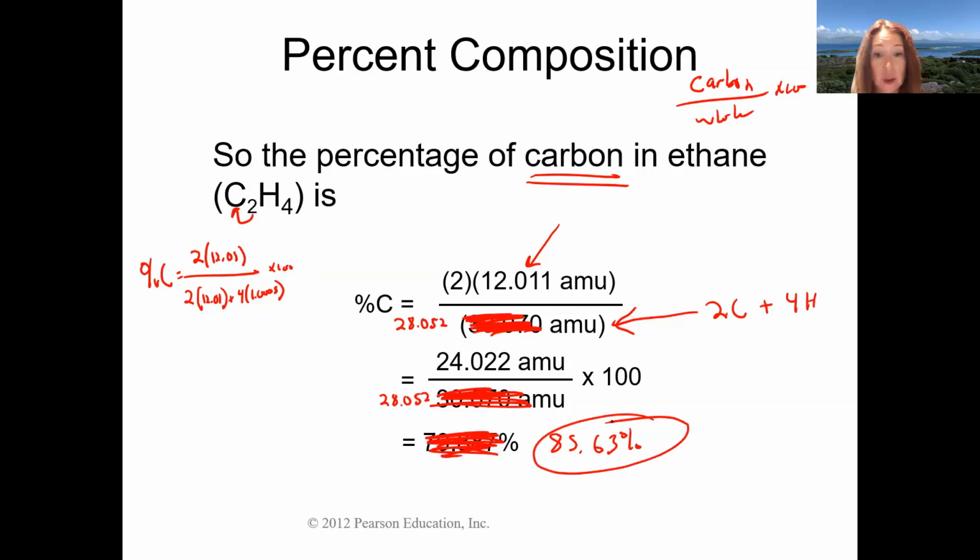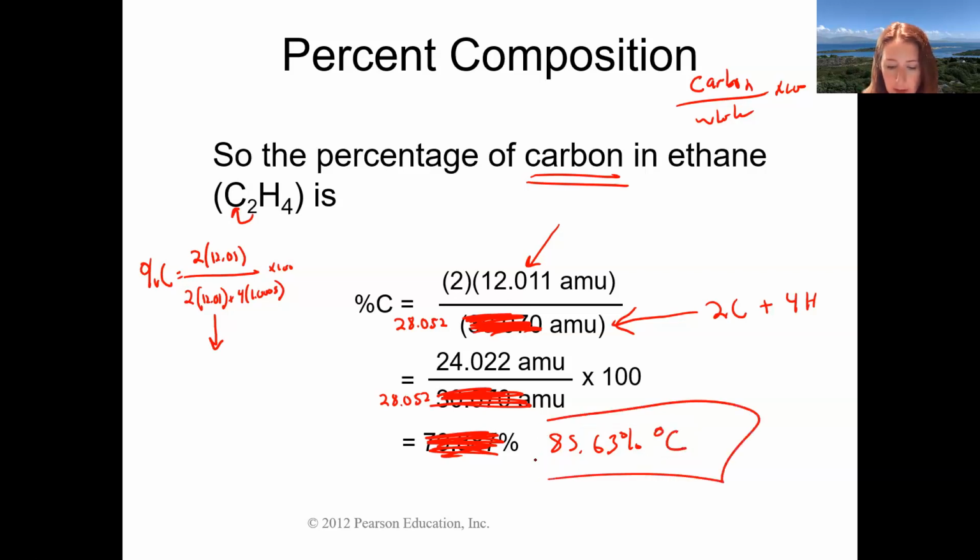Okay, so this also brings something that's very important here. Always use at least 2 places past your decimal. Yeah, if you have a unit here, this would be 85.63% carbon. That's technically how you would write it. So carbon is 12.01.